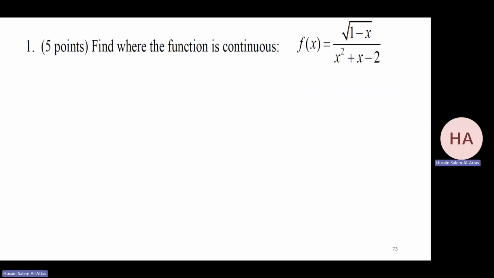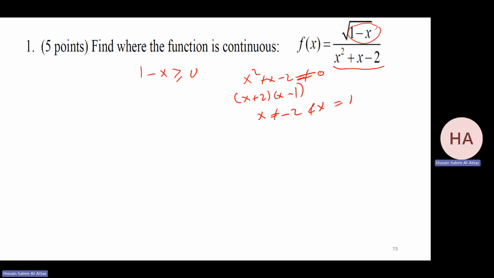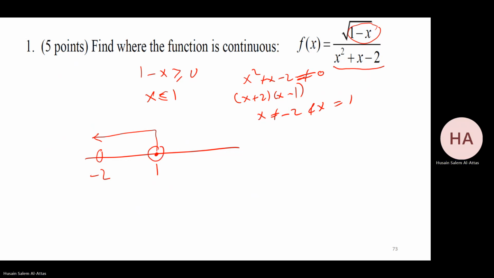Find where the function is continuous. I need this to be positive, and I need this not equal to 0. What is this? X plus 2 times x minus 1, and x not equal to minus 2, and x not equal to 1. Here I have x is less than or equal to 1.